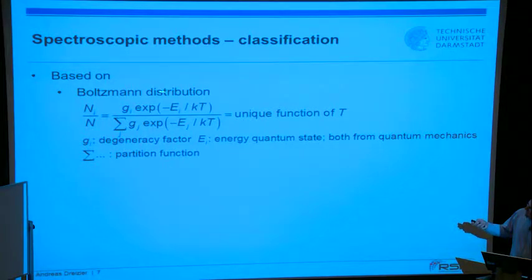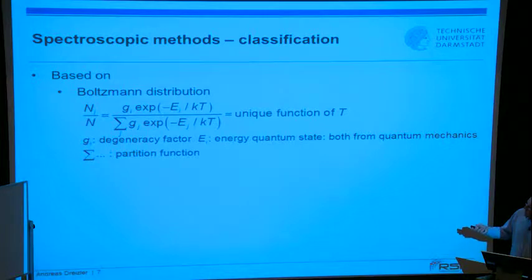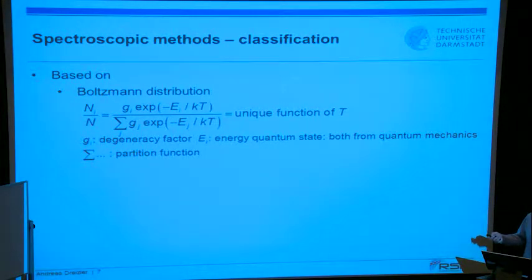The temperature is linked over these quantities to the so-called Boltzmann fraction, which gives you the number of molecules that are in a specific energy state i given here. Thereby, if you're able to measure this Boltzmann fraction, so measure the number density of molecules that are in this specific energy state, then you're able to directly deduce the temperature.